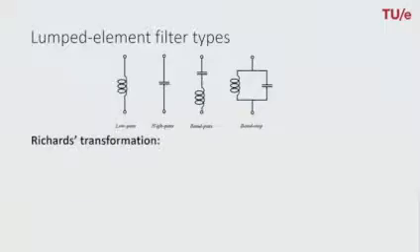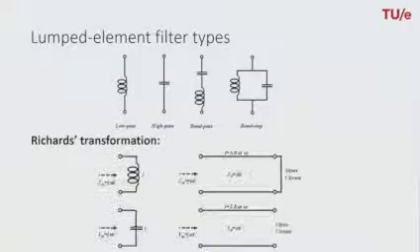Now, in one of the previous web lectures, we have introduced Richards' transformation, where we could simply transform an inductor and a capacitor into a transmission line equivalent circuit. So an inductor could be represented by a shorted stub, where the length of the stub was lambda over 8, and a capacitor could be represented by an open stub, also with a length of lambda over 8.